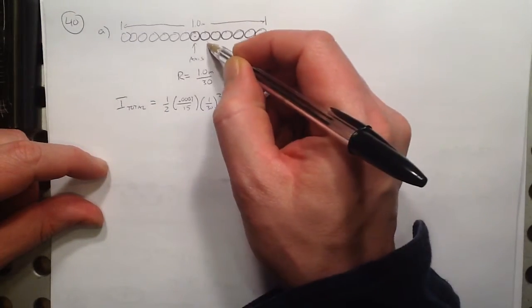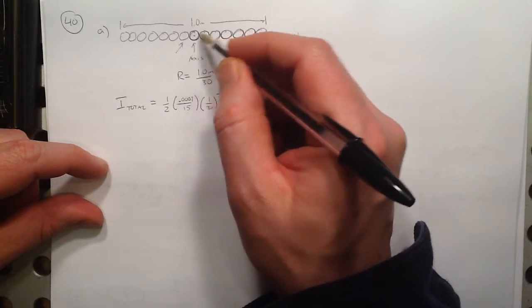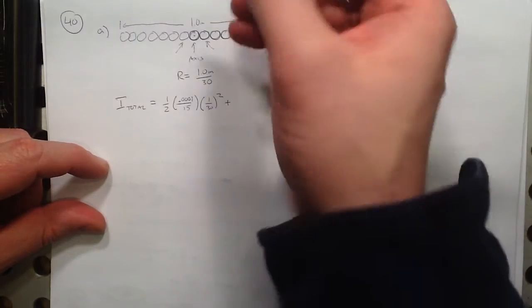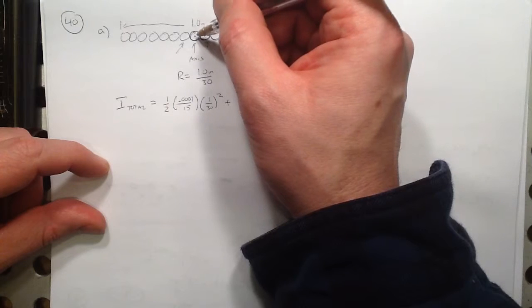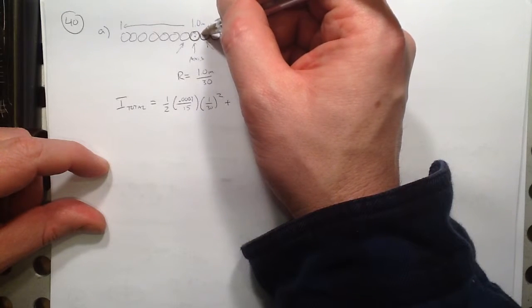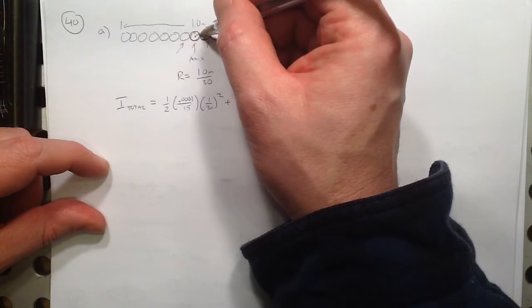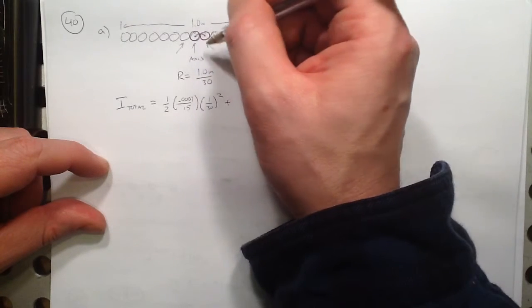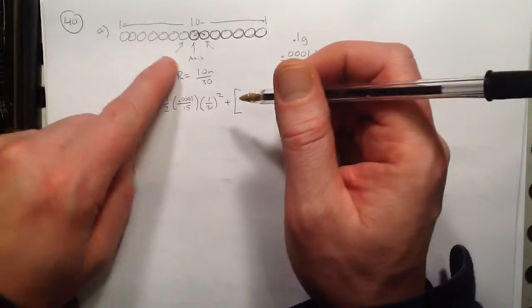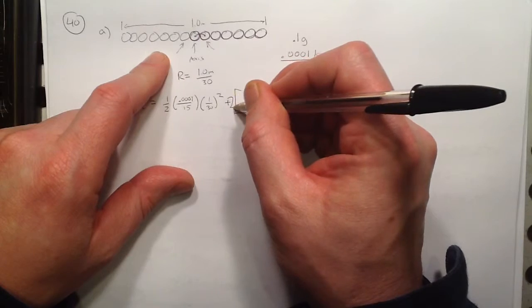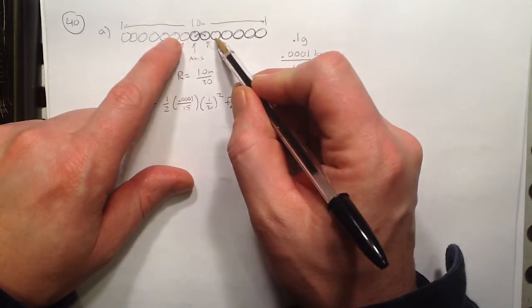This one and this one are both shifted the same distance from the axis, and you can see that they have been shifted a distance of 1 diameter, or 1/15 of a meter, right? It's been shifted 1/15 of a meter, 2 of those radii. So there's 2 of them, so I'm just going to put a 2 here. That's going to take care of both of these, and then both of these will be the same, etc., all the way out.